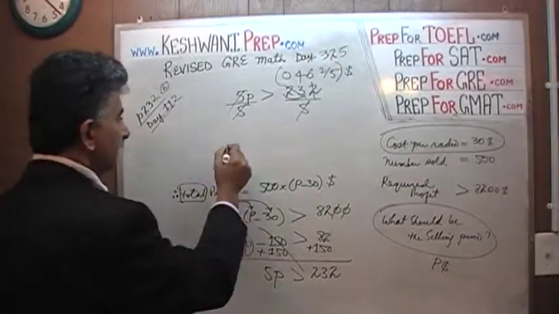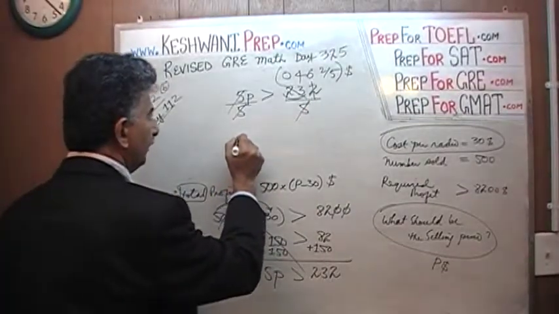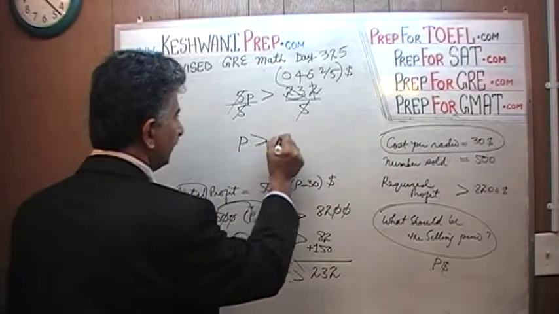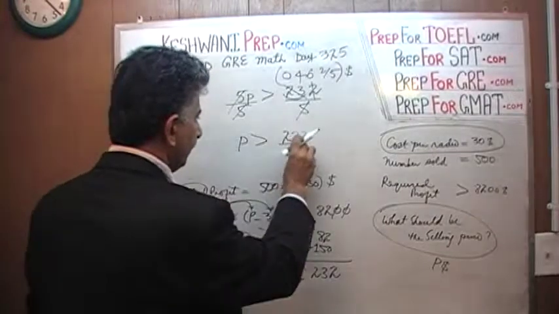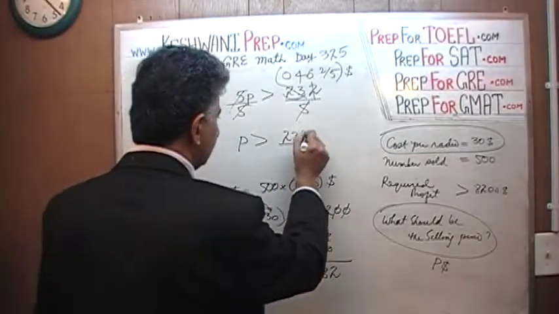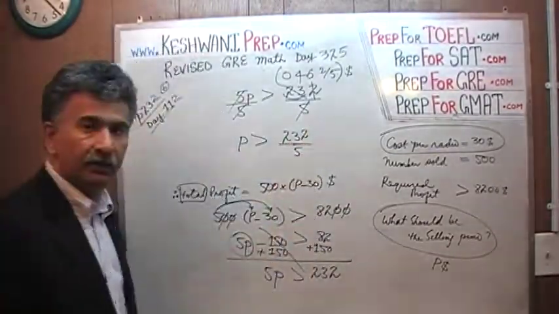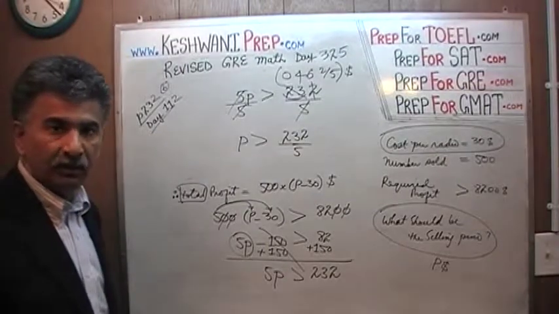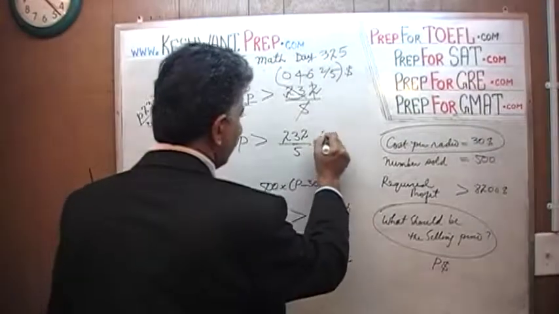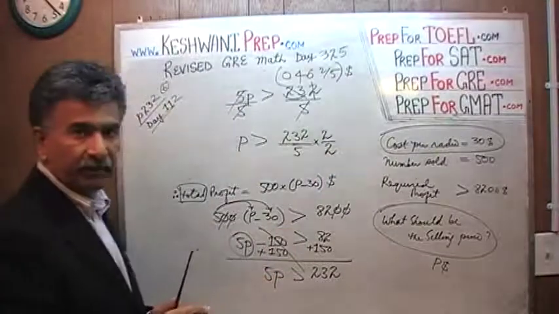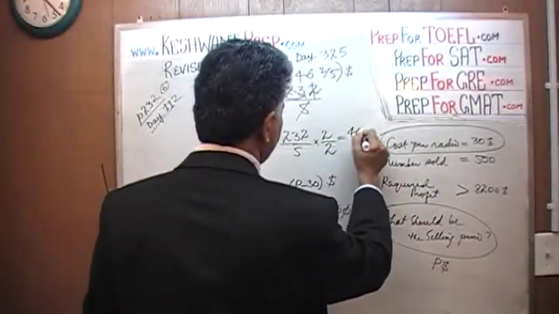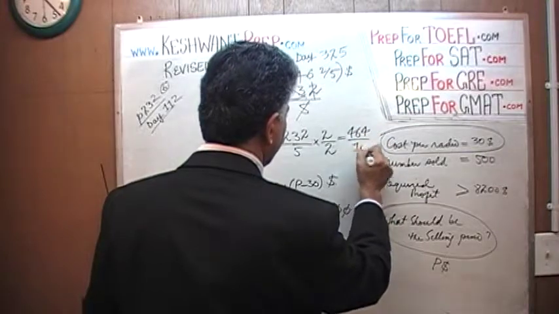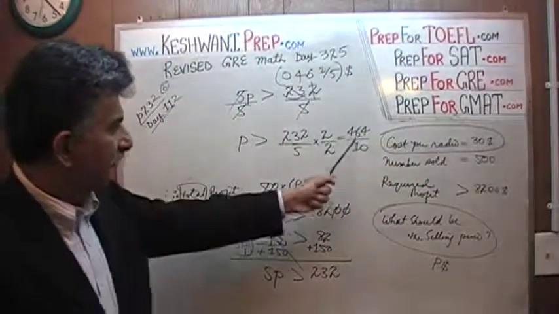If you don't like this mumbo jumbo that I just did, another way we could have done it is this. We know that P has to be more than 232 divided by 5. Another way we could have tackled the whole thing is to multiply top and bottom by 2. When we multiply top and bottom by 2, what we end up with is 464 divided by 10.